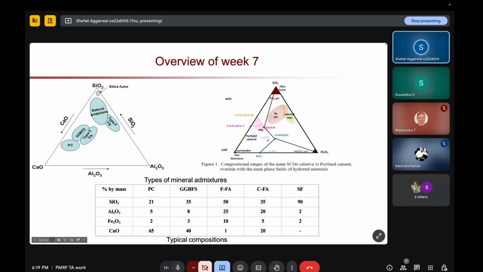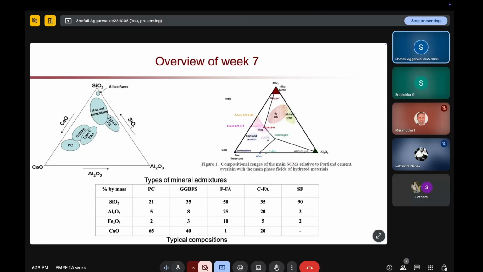So a little overview, if we talk about mineral admixtures, they are different types of supplementary cementitious materials which can behave as a cement alternate or fine aggregate alternate, which we are calling mineral admixture.